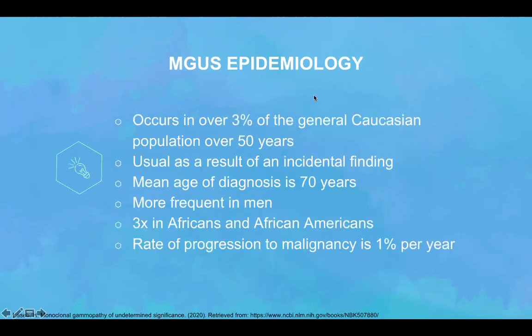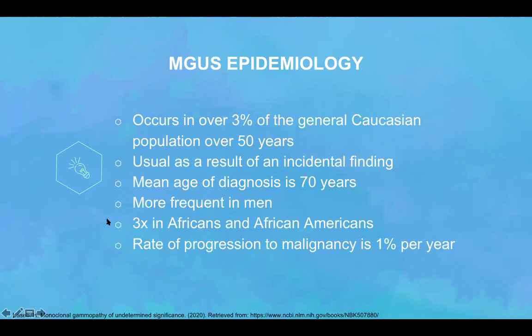In terms of the epidemiology of MGUS, this disease occurs in 3% of the general Caucasian population over 50 years. It's usually an incidental finding. It's not something we look for straight away, but if somebody is having a blood test or a serum electrophoresis, they could find this disease, but it's not diagnosed straight away.